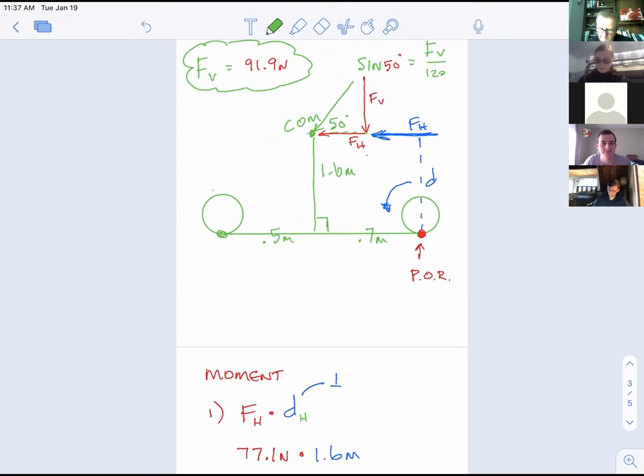Is this where that vector, force V, is right there? The answer is no. It's got to be pointing at the center of mass. So in a sense, I actually have to move this one. Force vertical gets moved over here because it's got to be pointing at that center of mass. Again, I can move it as long as I don't change the angle. It's like wind, it blows everywhere.